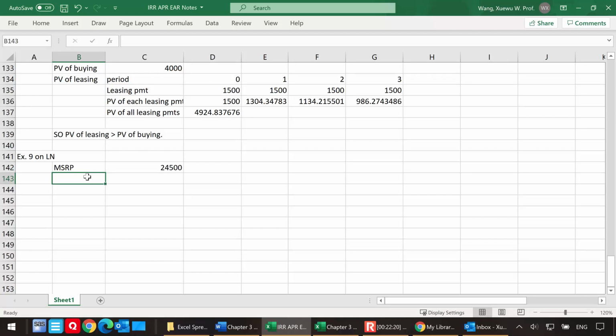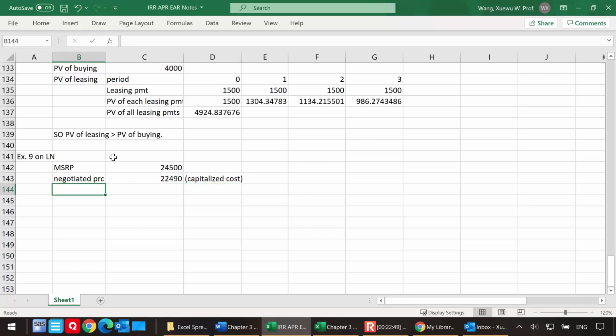So the negotiated price is $22,490. And in the context of the car leasing business, this $22,490 is referred to as the capitalized cost.